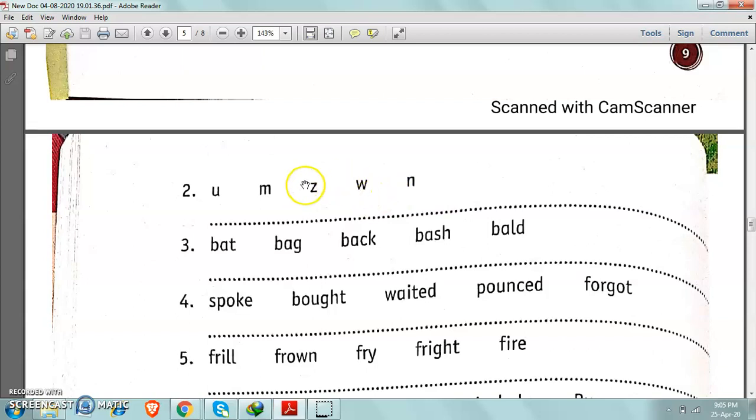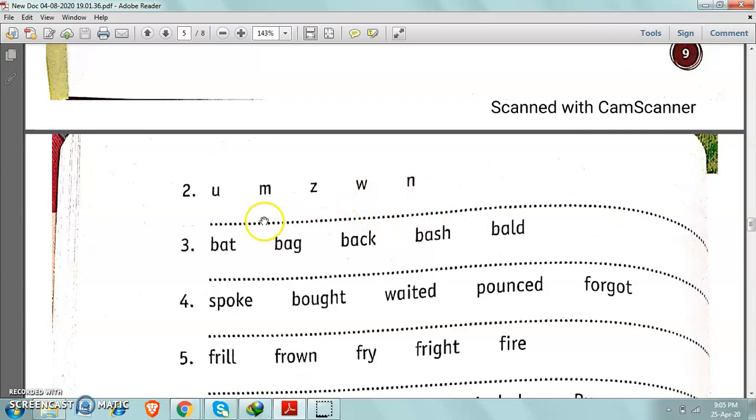So here first of all we will write M, then after M you will write N. Okay, then after N what will come? U. See, like this you have to write. Then from Z and W you will write W, then last Z. Okay, so now you have to write it like this.